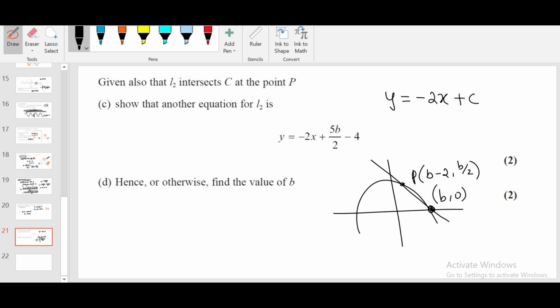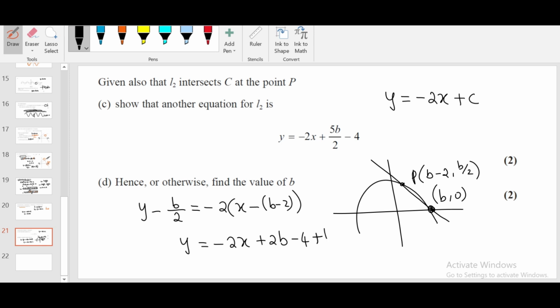Use this point now to find c. y minus y1 is equal to slope times x minus x1. So you will get minus 2x, and when you multiply by 2, you will get plus 2b minus 4 plus b over 2. Simplify these two, you will get 5b over 2. You got the answer already.